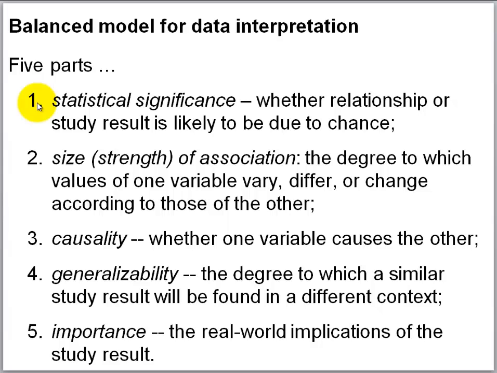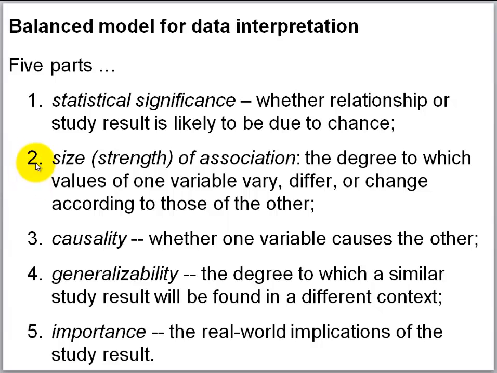If the result may well be due to chance alone, in essence, you don't bother to think about causality. Canons of science want us to go with the simplest possible explanation, and if chance alone explains the result, then we're not going to consider causality.